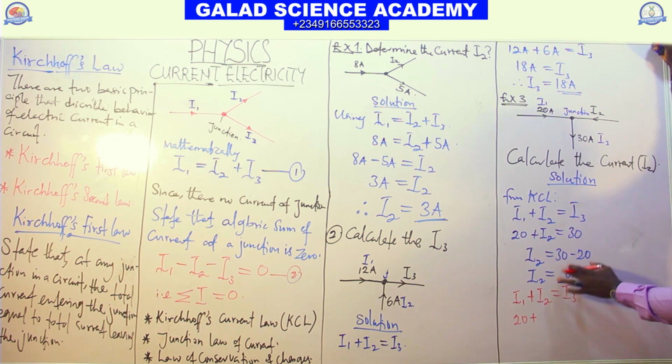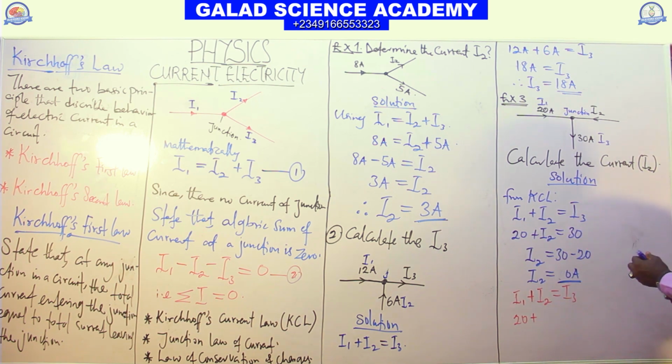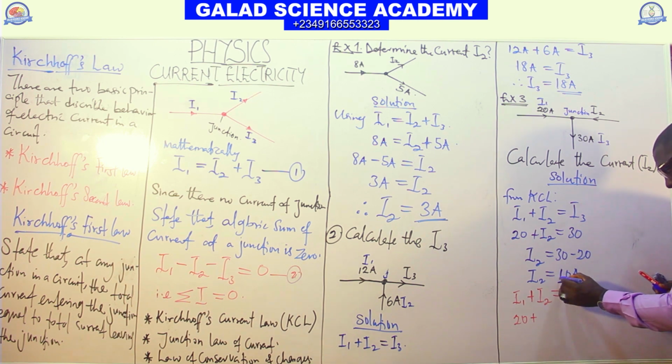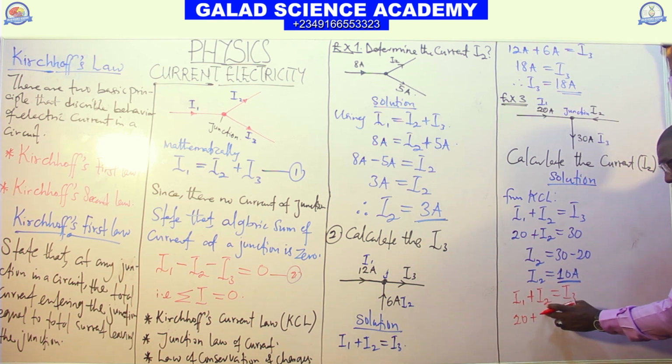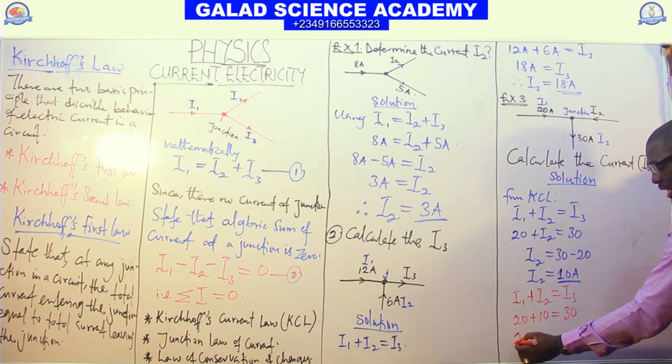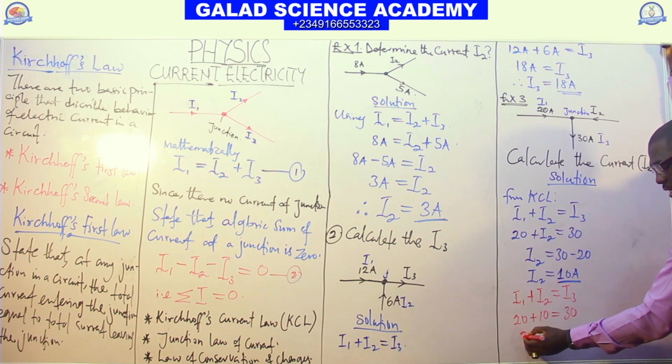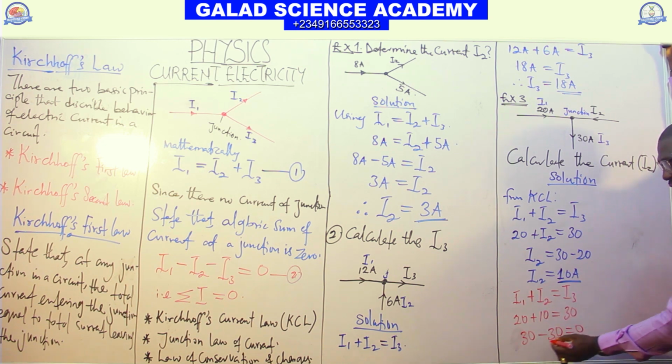Help me to add it together, please. I1 is 20, I2 is 10, and I3 is 30. Collecting like terms, 20 plus 10 minus 30 gives us 0.